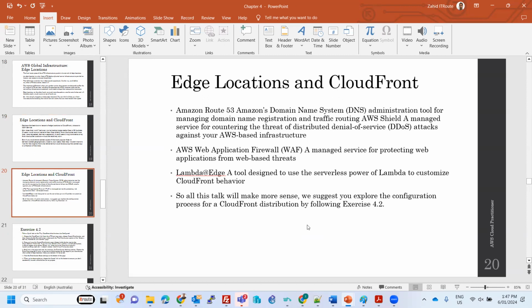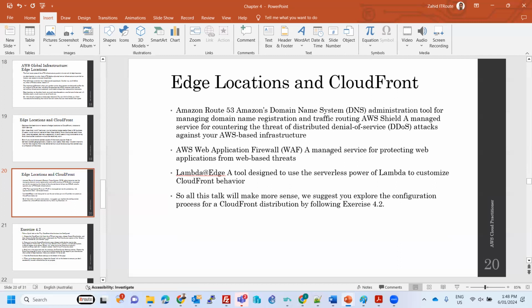So Amazon Route 53. Route 53 is another DNS service. Amazon Domain Name Service, administration tools for managing domain name registrations and traffic routing. AWS Shield, a managed service for countering the threat of distributed denial of service attacks against your AWS-based infrastructure.